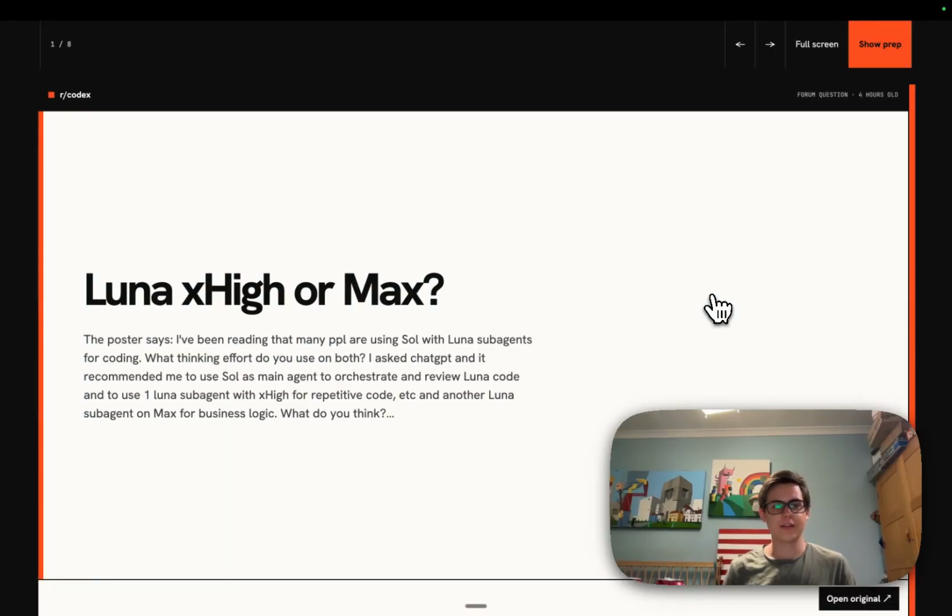I don't know. I think the difference between extra high or max is not going to be huge necessarily. Certainly, like this is suggesting, I don't think you would need max for repetitive code or anything like that. Whether you want max for business logic, I don't know, possibly.